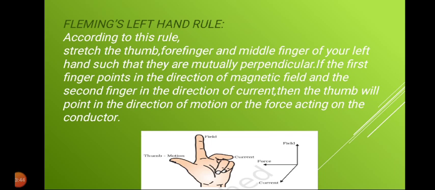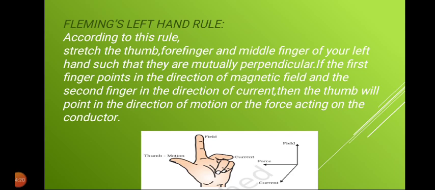This rule states that if we stretch the thumb, forefinger and middle finger of our left hand such that they are mutually perpendicular to each other, then the first finger will point in the direction of magnetic field, and the second finger gives the direction of current.